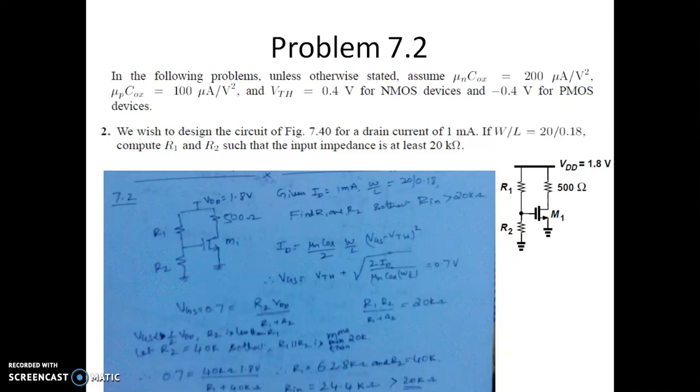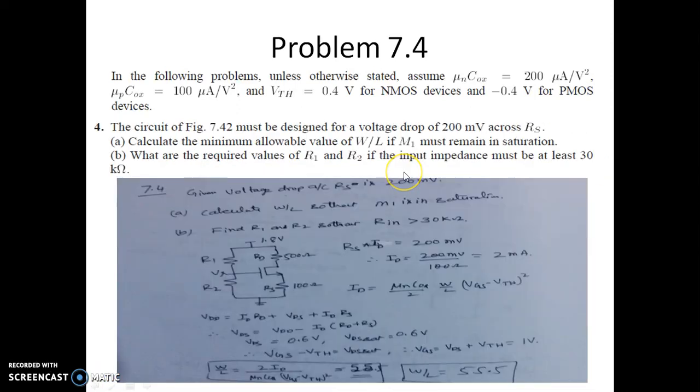So in order to have an input impedance more than 20k, and since the voltage here is less than half of VDD, we assume this to be almost twice the required input impedance. Even if you assume this as 50 kilo ohms, it's fine. Then the input impedance is more than 20 kilo ohms, but we should not assume lower than the input impedance required, which is 20 kilo ohms.